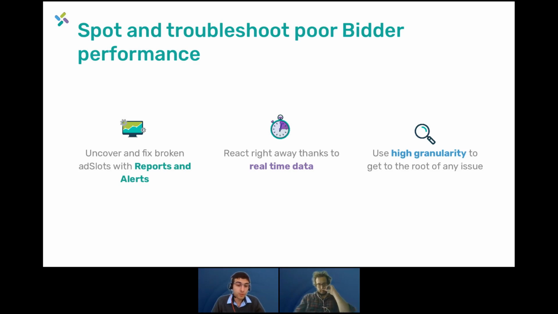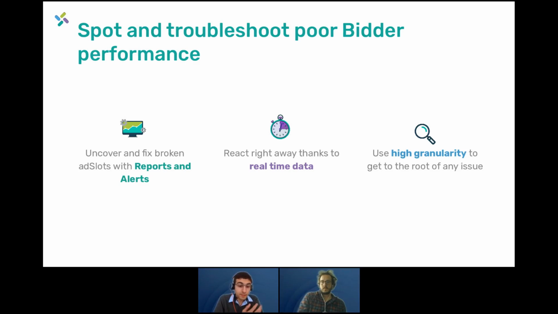And one very common issue is the problem where your SSP is being requested, but it is never sending any bid response back. And this is usually a sign that you have a broken ad slot within your inventory. So it could be a problem with the ads.txt, or it could be a placement ID that was misconfigured in your SSP.